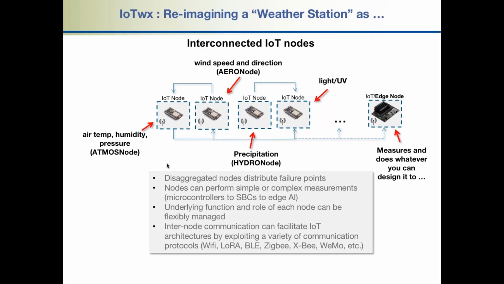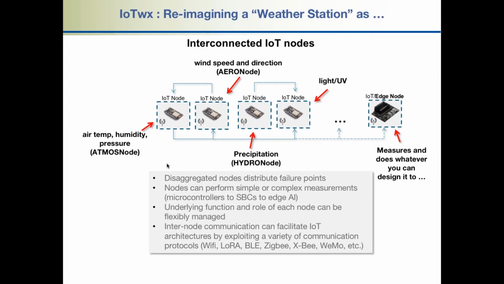So these nodes can perform very simple measurements. For example, an air node would essentially just record the temperature, pressure, and relative humidity, or it can do more advanced activities.